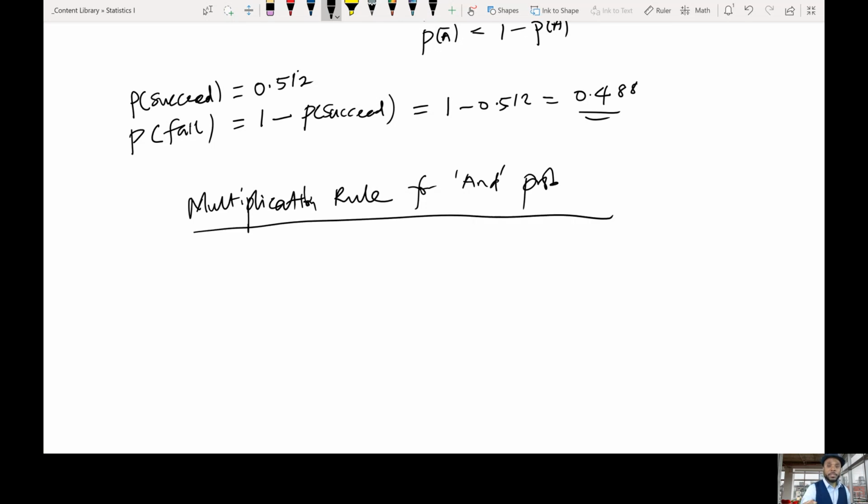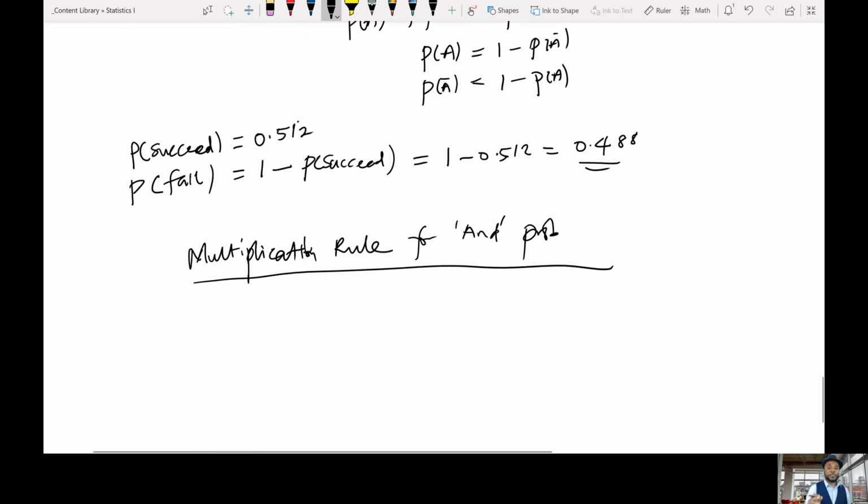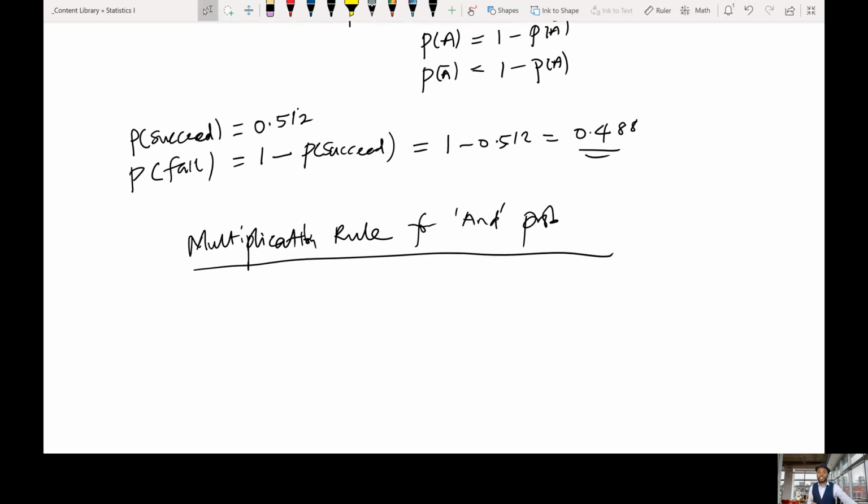In the other case, we talked about things happening in a single trial. But in this case, the AND will be the probability of A occurring and then B occurring, not in a single trial. That's really the main difference between the multiplication rule and the addition rule.